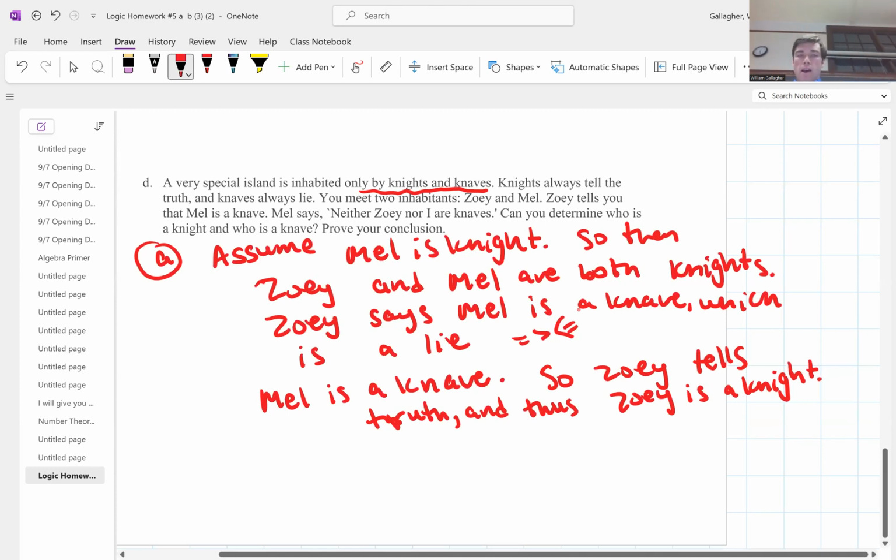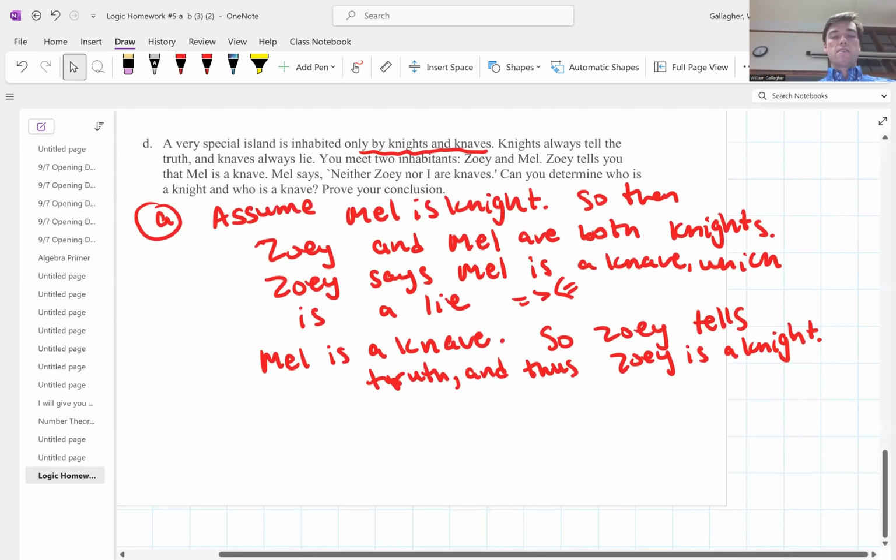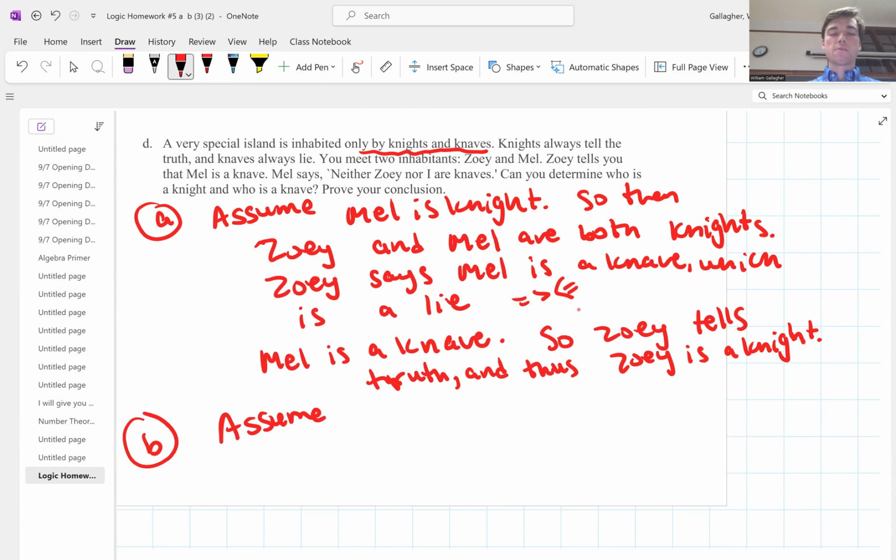Okay. You could also try it the other way. So let's assume, and again, I think if you assume that Zoe is a knight, then Mel is a knave, and Mel says that neither Zoe nor I are knaves. And that is actually a lie, right?